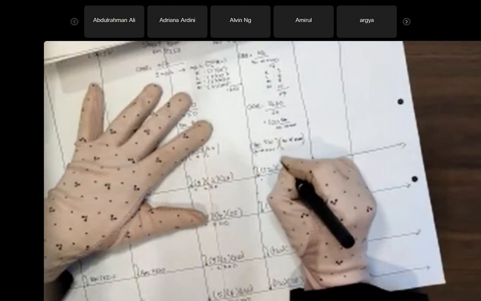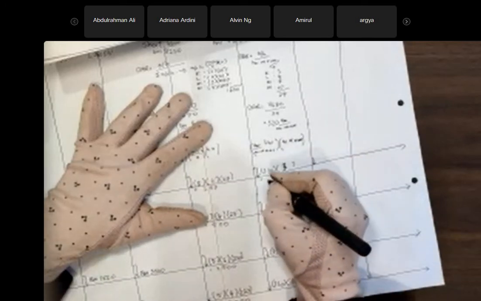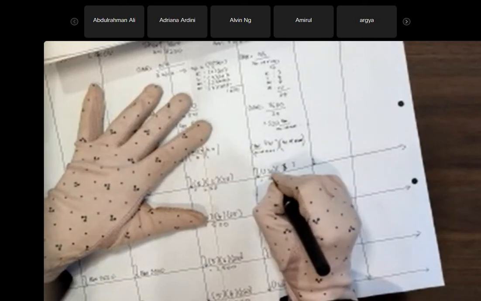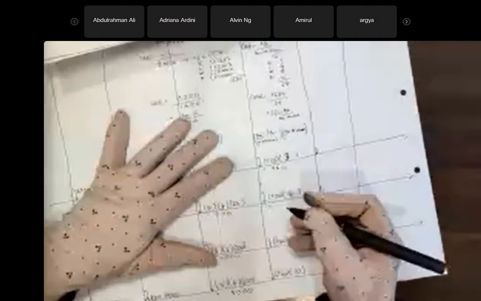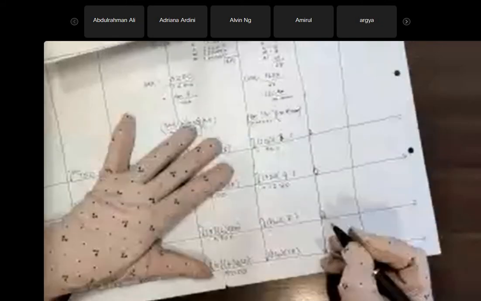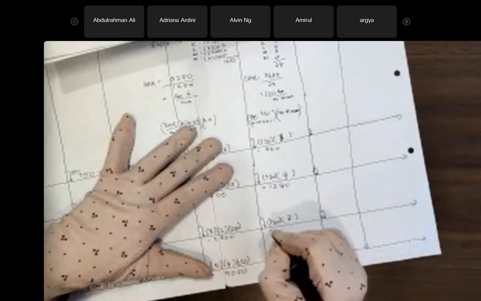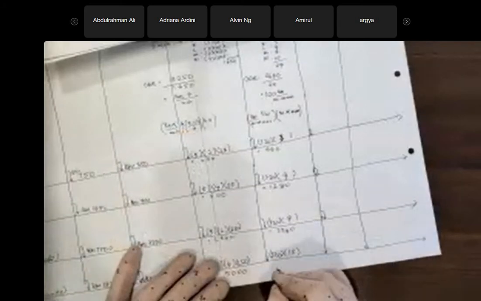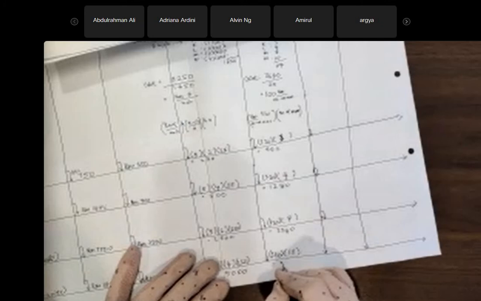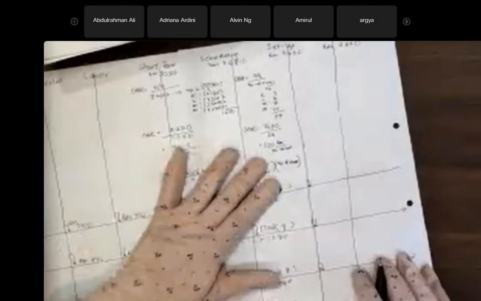So just calculate. You get 960, 1280, 2240, 3040. Okay, so far okay.